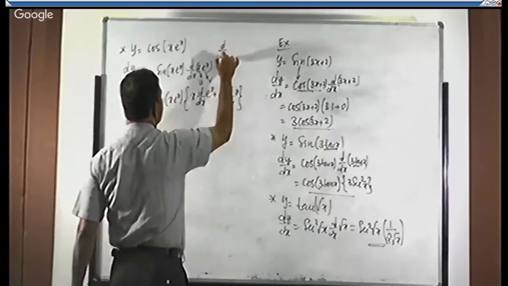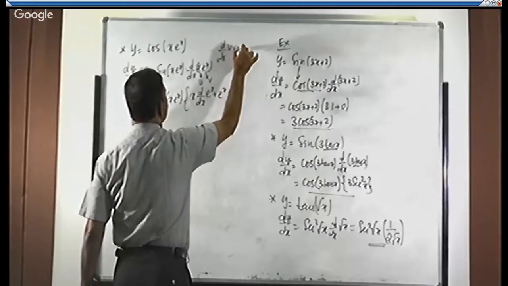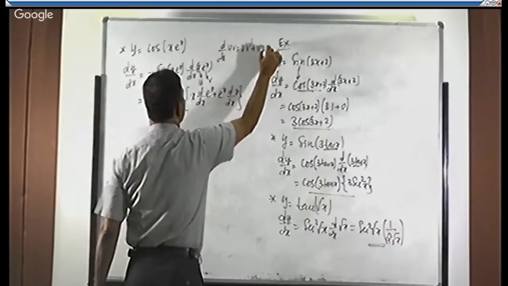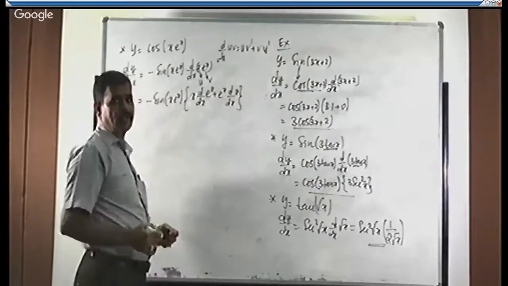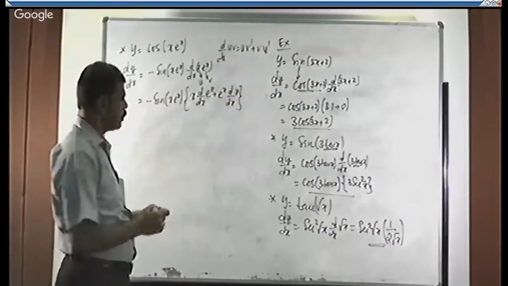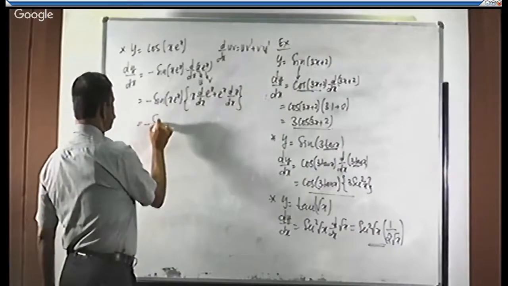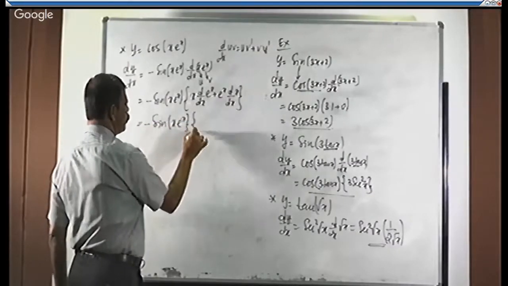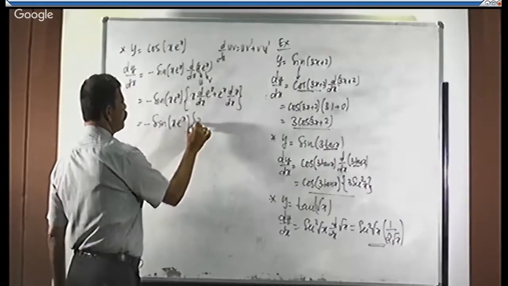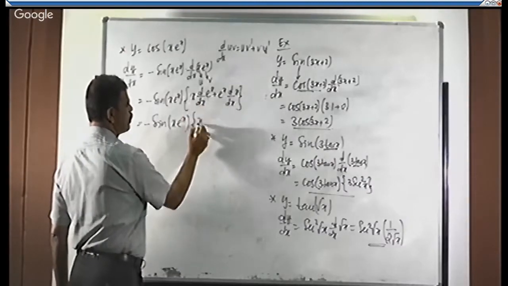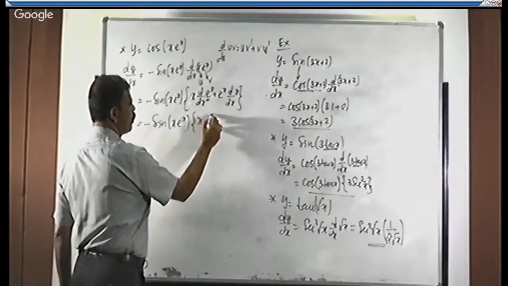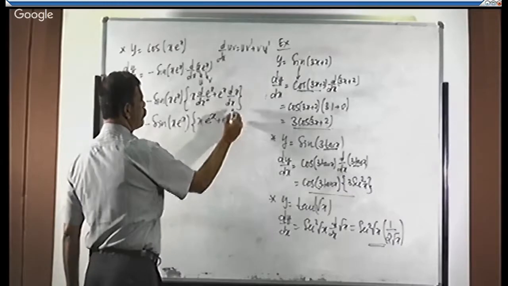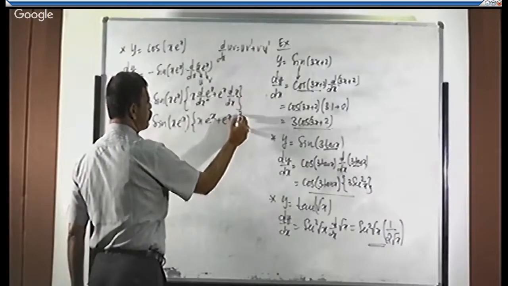d by dx of uv is what? u into v dash plus v into u dash. What are u dash and v dash? They are derivatives of u and v. Minus sine of x e power x into the differentiation of x: keep x as it is, the differentiation of e power x is e power x only, plus keep this e power x as it is, differentiate x whose derivative is 1.